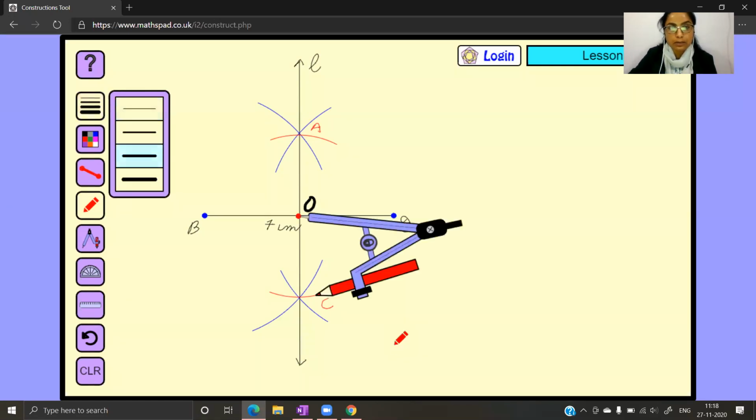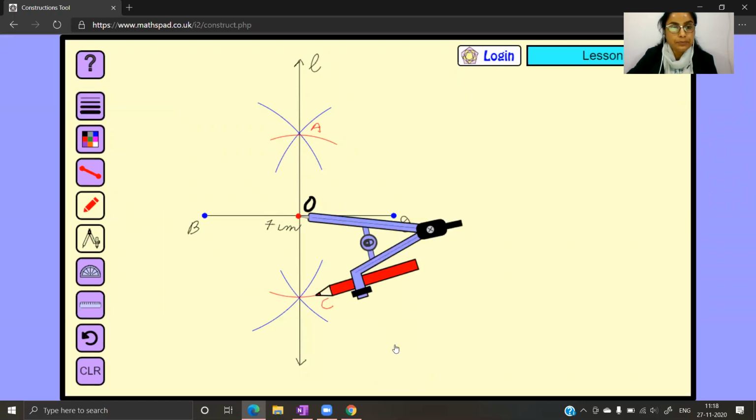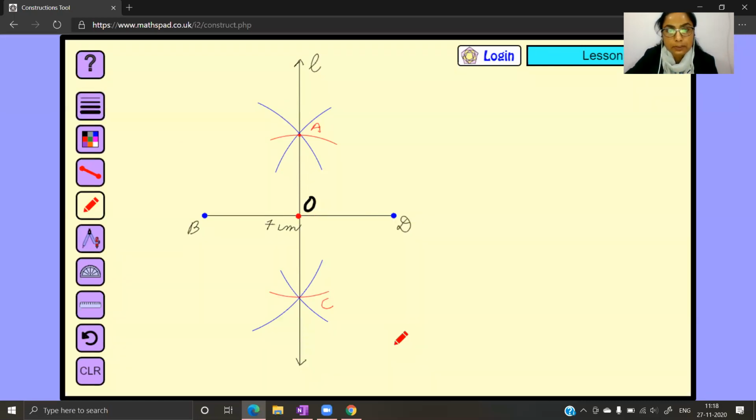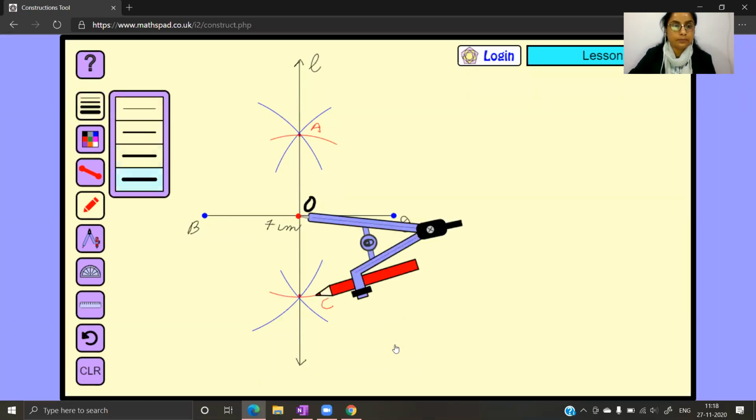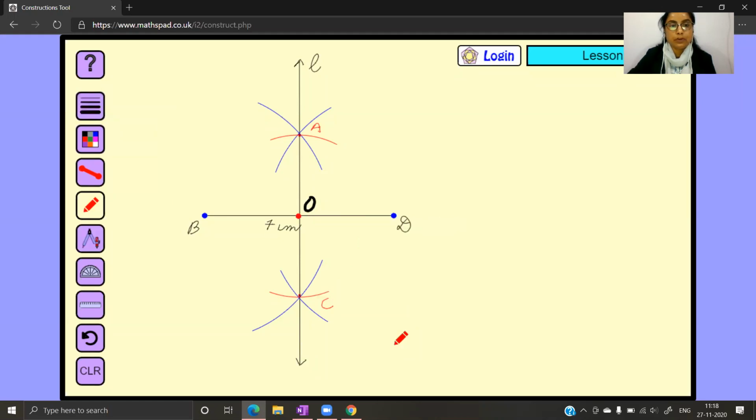Let me see if I can mark it. This point and this point. This is the one we require. You are told to keep your pencils sharpened, but I'm just marking it a little darker here so that it's clear that we are looking at the point of intersection made by the red arc.